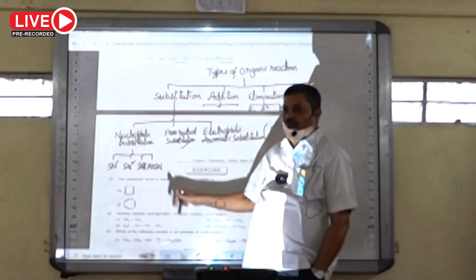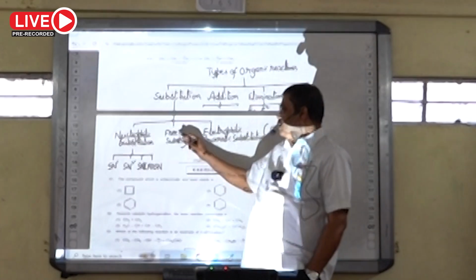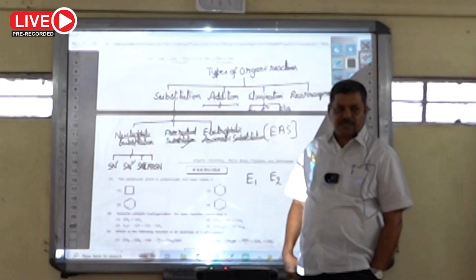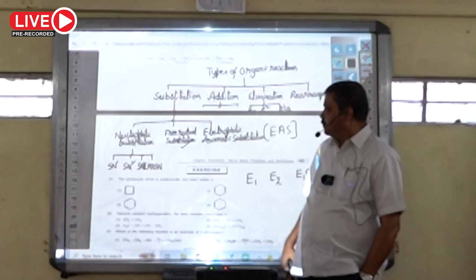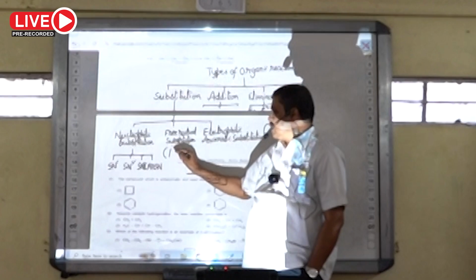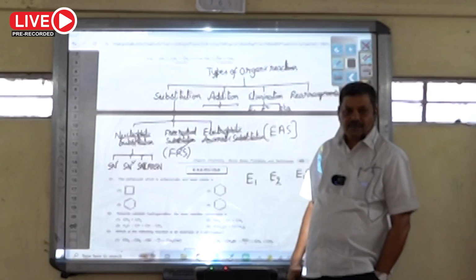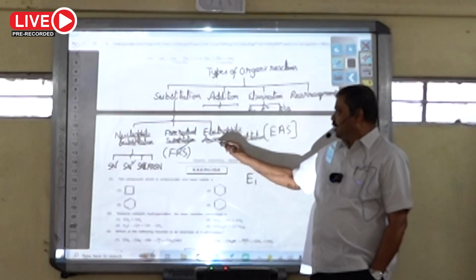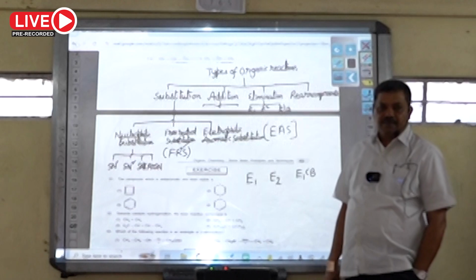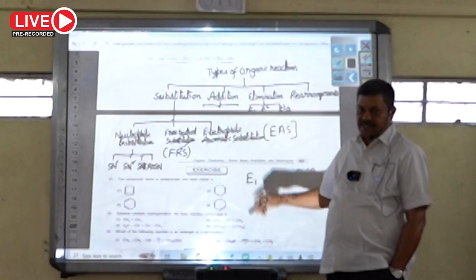So which compounds undergo? Haloalkanes and haloarenes. Under the heading of free radical substitution, alkanes undergo FRS. Under EAS, benzene undergoes EAS.